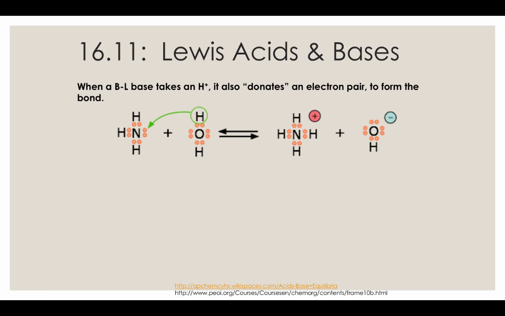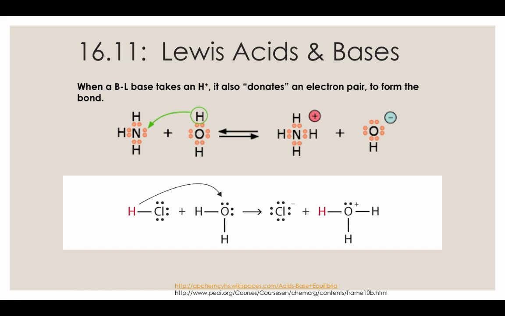However, seen from the Lewis perspective, we can say that NH3 has donated the electron pair that goes to form the bond between nitrogen and hydrogen in NH4+. This electron pair here has been donated to the H+ ion.